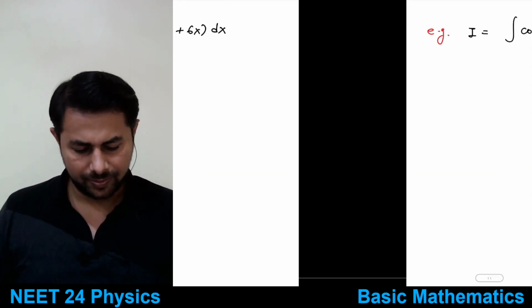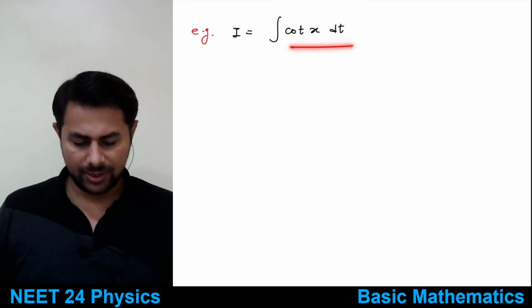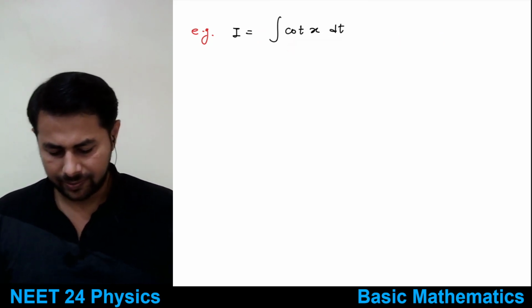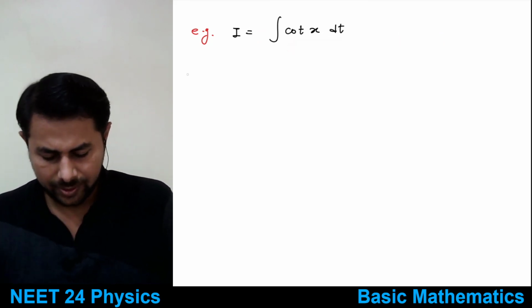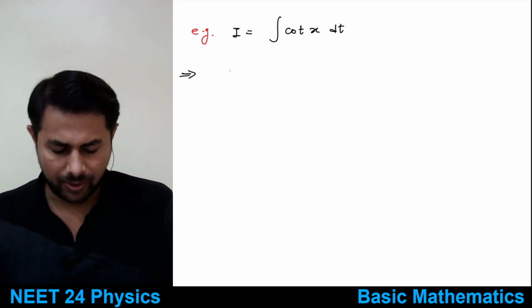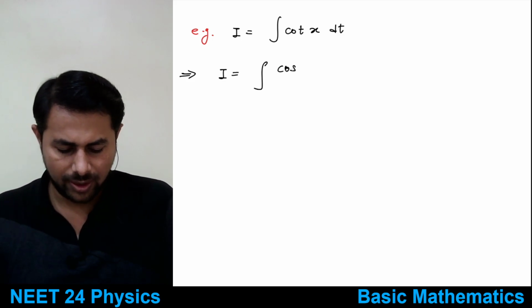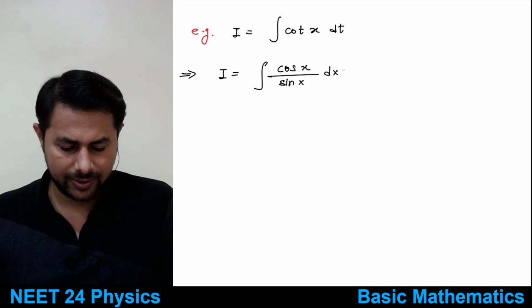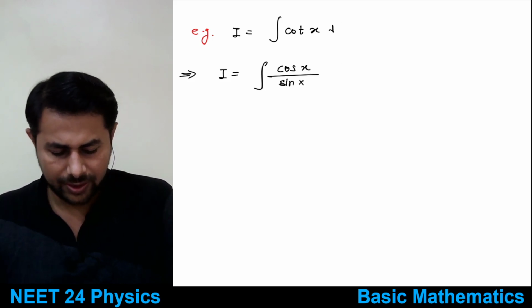Alright, good. Then let's take the integration of cot x. It is of the same form. So I can write this as the integration of cos x by sin x dx. Oh, I wrote dt here, it should be dx.